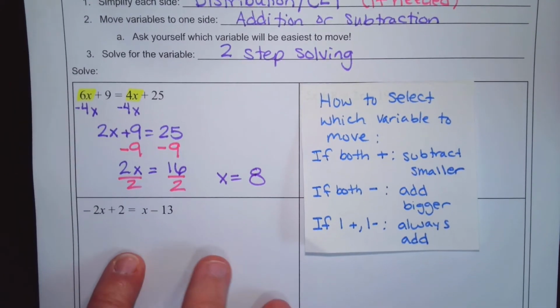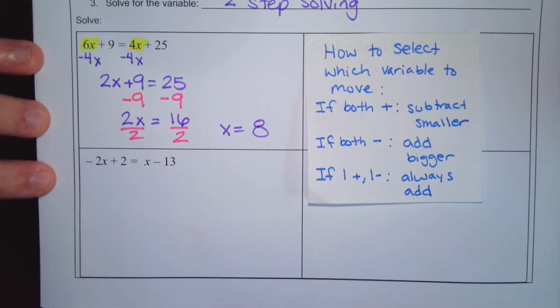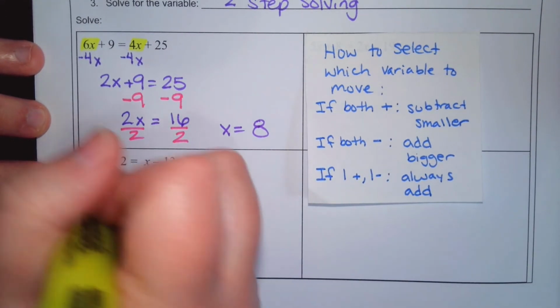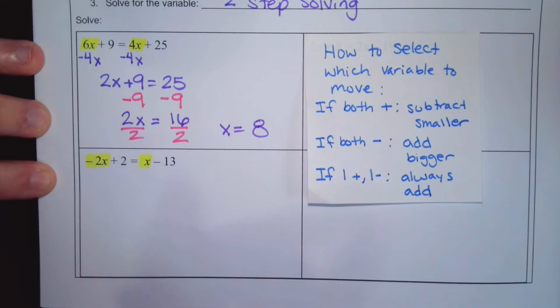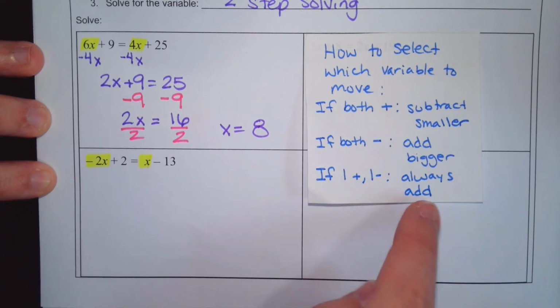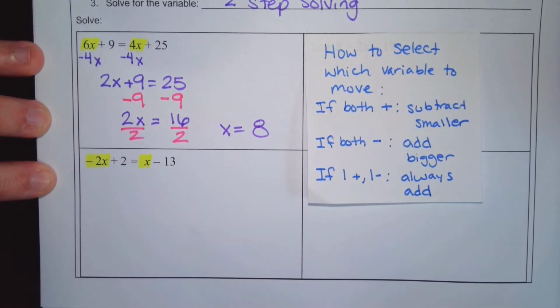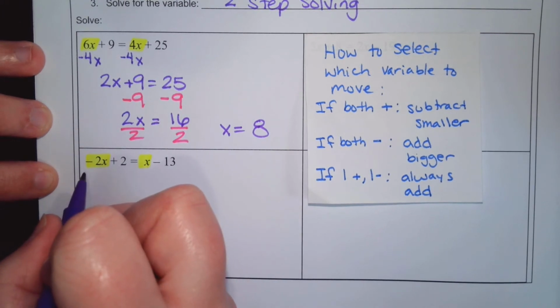All right, we're going to do the one below it just to make it easier on us. So we have our variables, negative 2x and positive x. We have one positive and one negative, so we're always going to add. That means we're going to move the negative 2x.